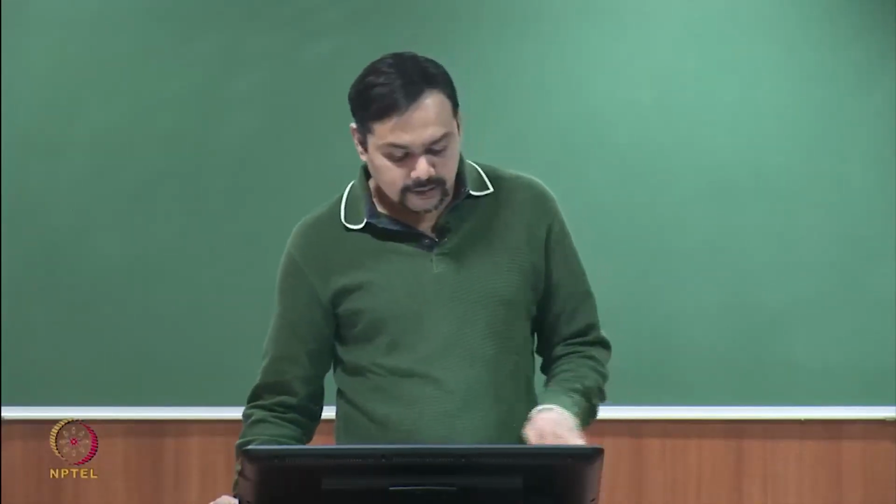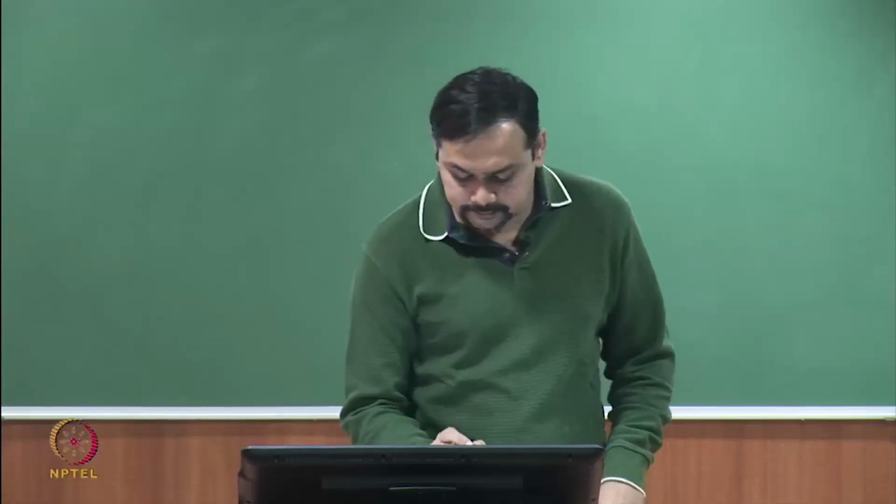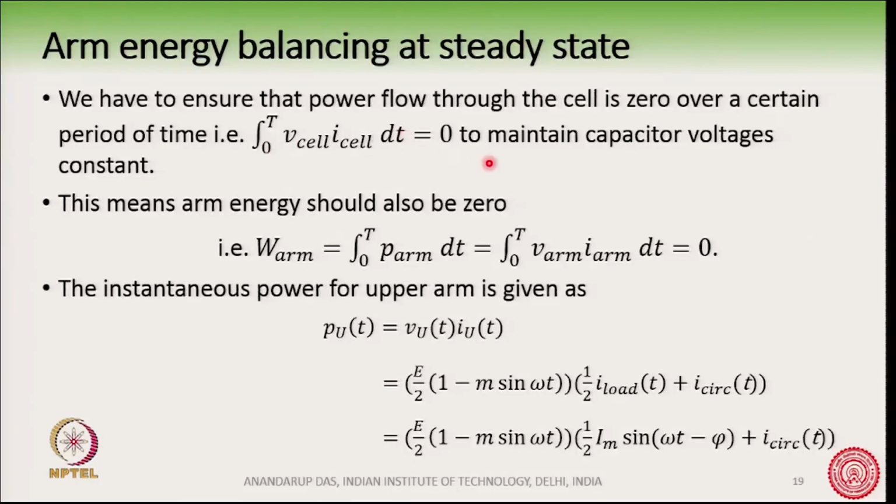In order to find out what is the magnitude of the DC current, we will mathematically write what I said earlier, that to maintain the capacitor voltage constant, the power flow through the cell must be 0 over a certain period of time. Okay.